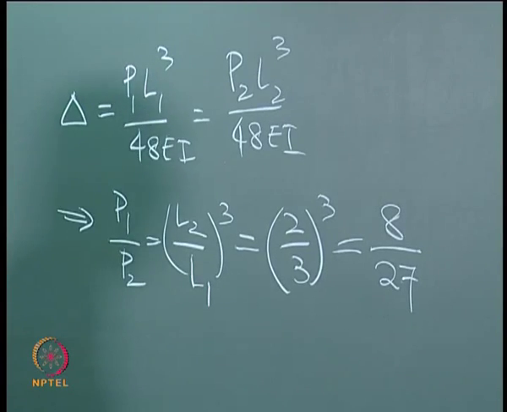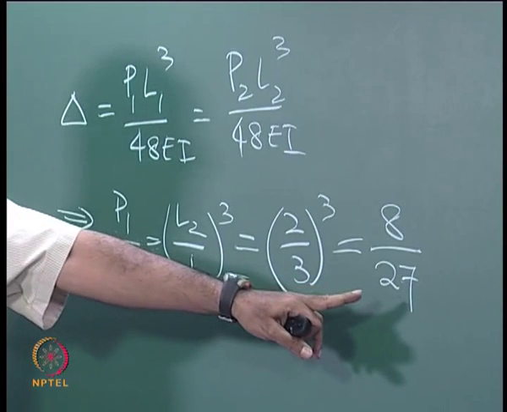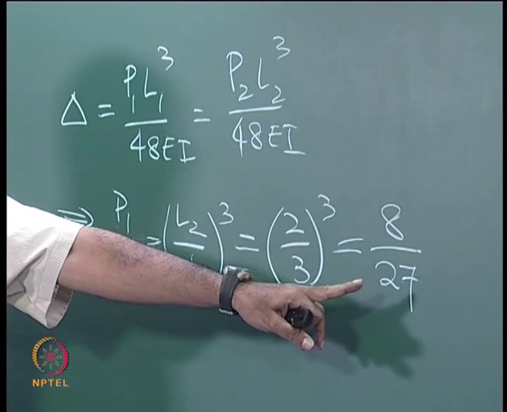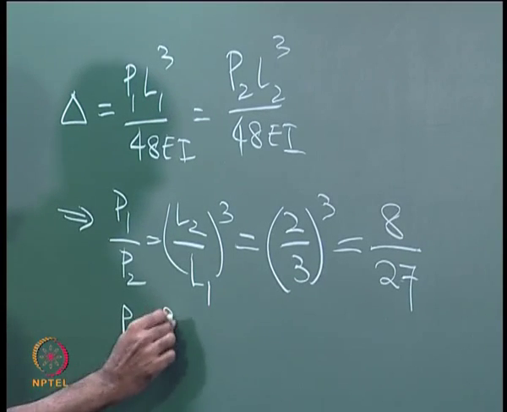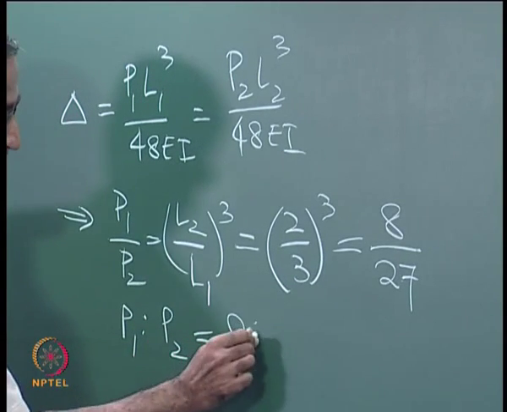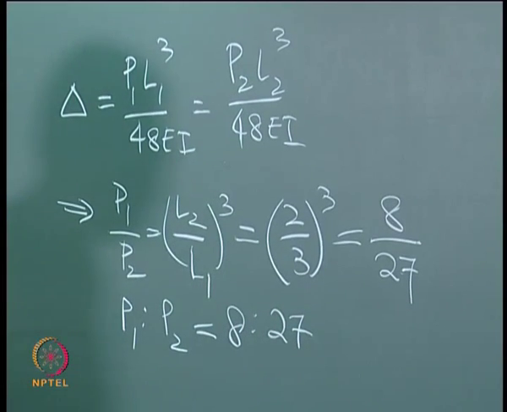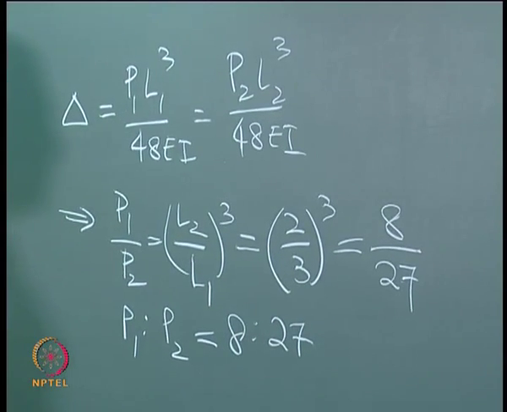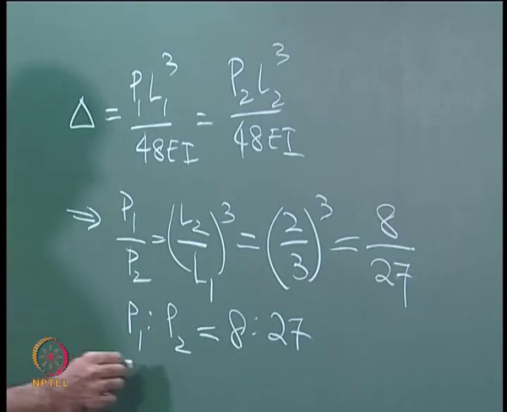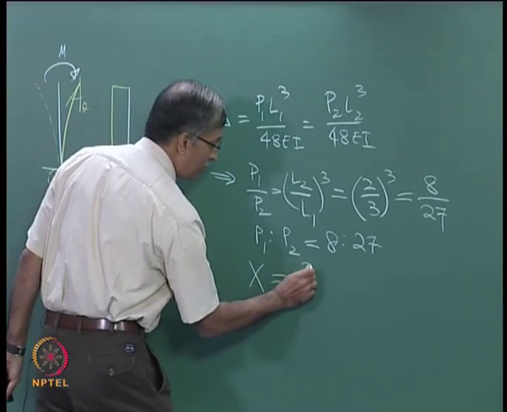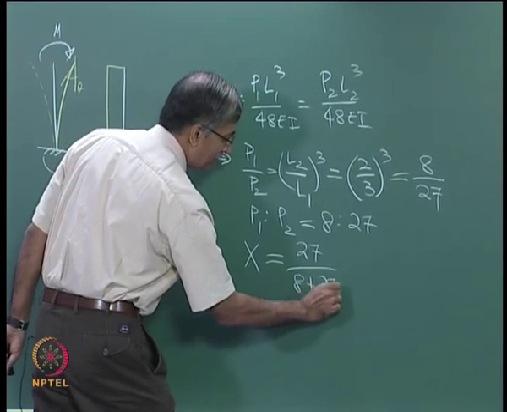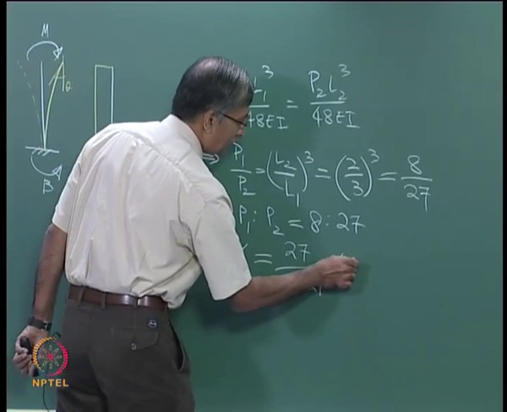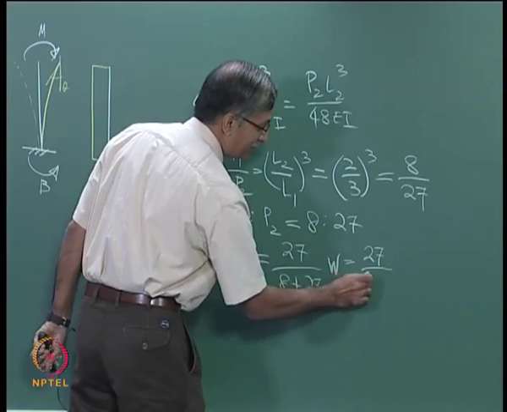So the stiffer one must be the one which is taking more load. So P1 is to P2 clearly in the ratio 8 is to 27. So CD is stiffer, so the force going to CD must be 27 divided by 8 plus 27 into W. That's a brilliant solution.